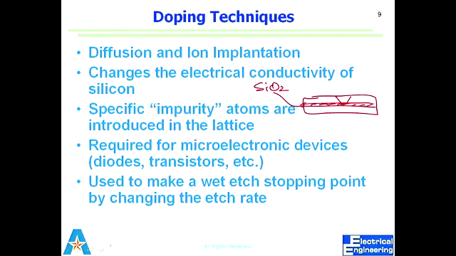Dose is how many of them are falling on the surface. Another way is I can keep on shooting them for a longer time. So it's dose and how long we do that dose. Both of these define the intensity of the ion bombardment. So these are two concepts that we use for doping.